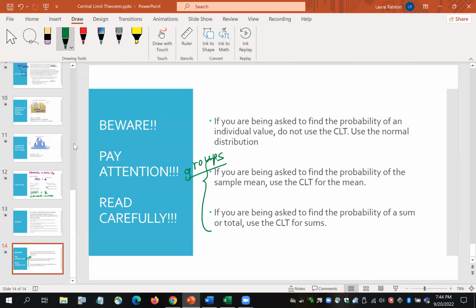Then you have to decide, are you doing the mean or the sum? And usually it's going to say somewhere in the problem, it's going to talk about the sample mean or the sample average, or we'll say the sum. Okay, so you have to look for those words.